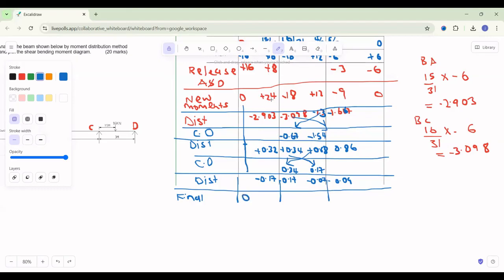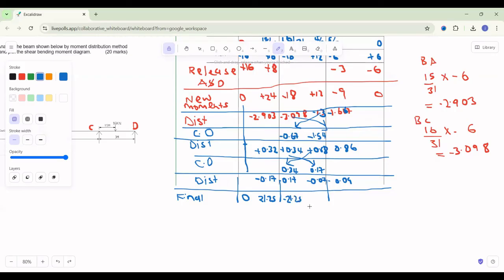So if you start adding from 24 all the way down here, you'll get something like 21.25, right? That is negative, not positive.